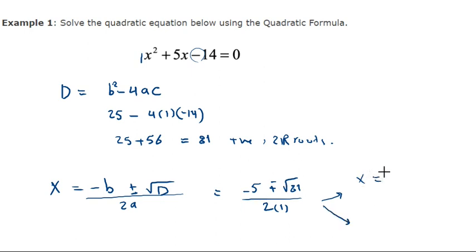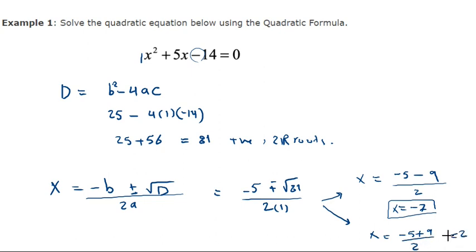First, x equals minus 5 minus 9, the square root of 81 is 9, over 2, which gives minus 14 over 2, which is minus 7. This is the first root. And the other one is x equals minus 5 plus 9, equals 4 over 2, equals 2. This is the second root.